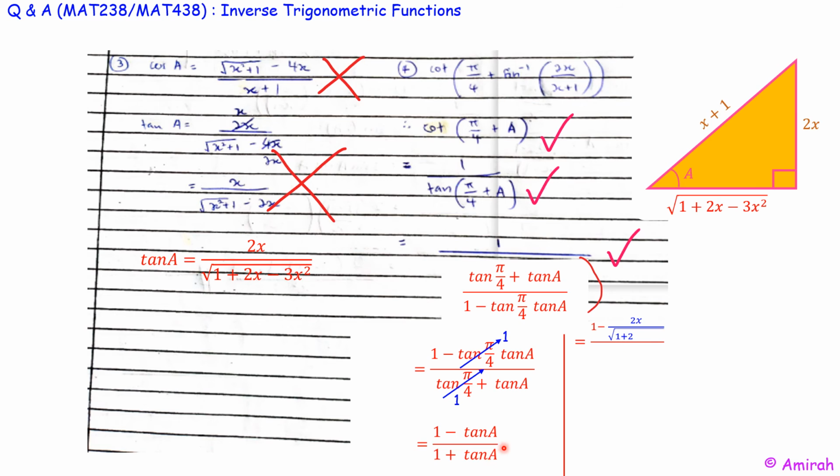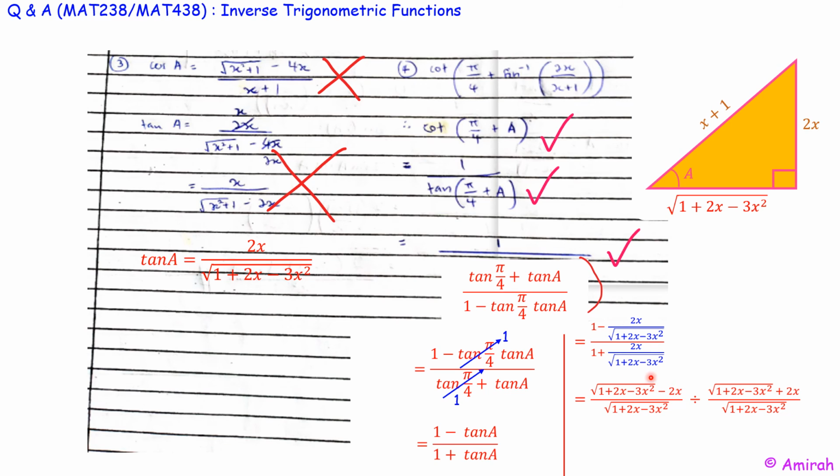After that, we replace tangent A equals to 2x over square root of 1 plus 2x minus 3x squared. Okay, yang ni kita gantikan. Okay, nilai fraction untuk tangent A. Alright. Then, we standardize the denominator here. Okay, so we have square root of 1 plus 2x minus 3x squared and then minus 2x.